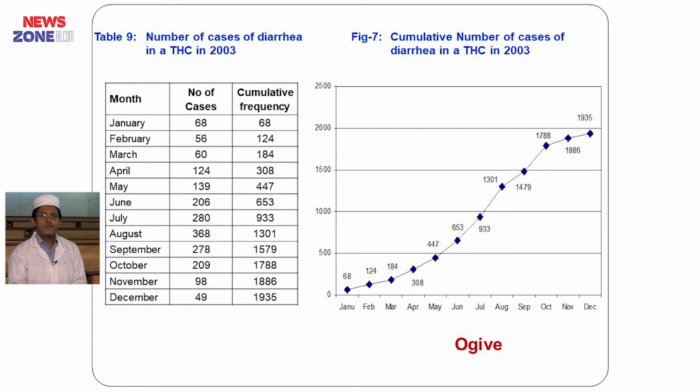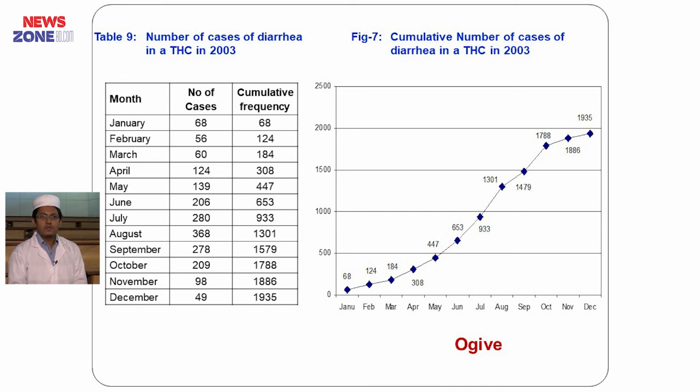So the cumulative frequency will be 68 plus 56, that is, cases of January and cases of February added. So the cumulative frequency of February is 124, and in the month of March, total cases were 60. So the cumulative frequency will be 124 plus 60, that is 184. This is an example of a cumulative frequency chart.